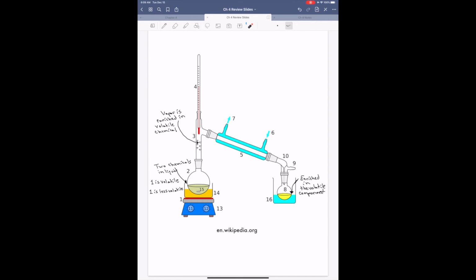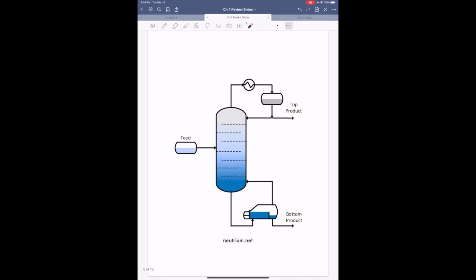But industrial scale distillations use basically the same concept. Okay? And so what I have here is a schematic for a distillation column that's used on the industrial scale. And so basically what you have is some feed stream that goes into your distillation column, right? You'll learn more about the distillation column, for the chemical engineers, in your separations class.